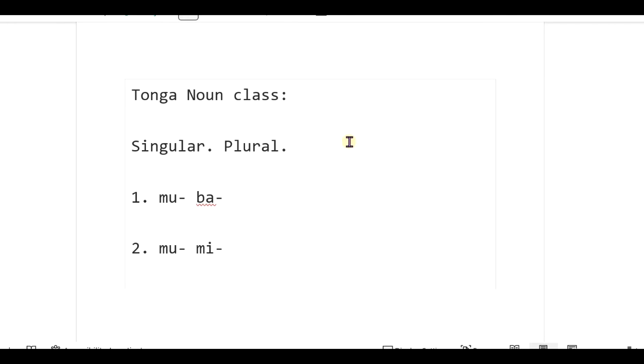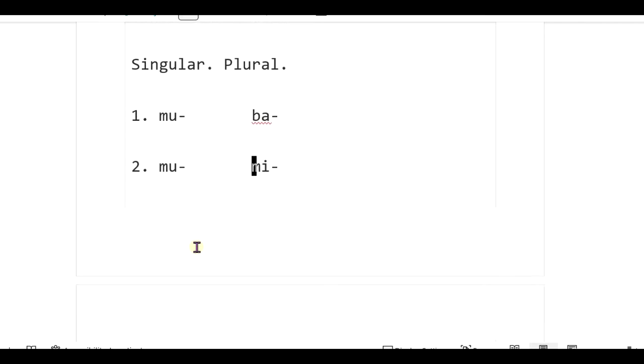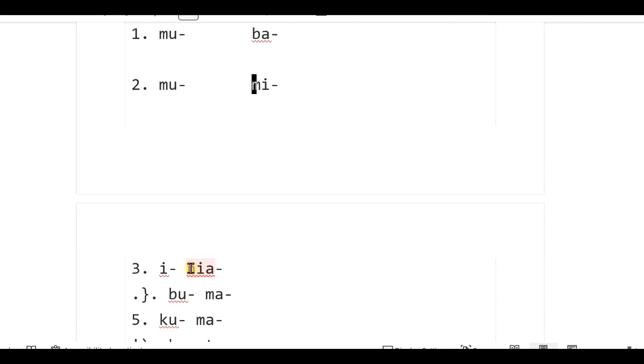Okay, I want to show you a noun class system from another language called Tonga. Here we have the number of the noun class, the singular, and then the plural. It'll probably be good if we put a little space between those so you can see them. I'm just going to scroll through these without saying too much about them.